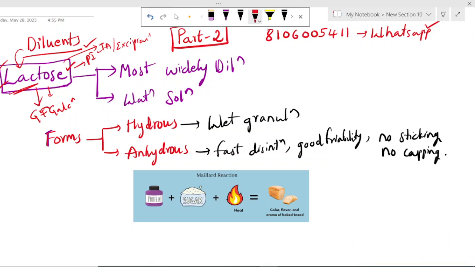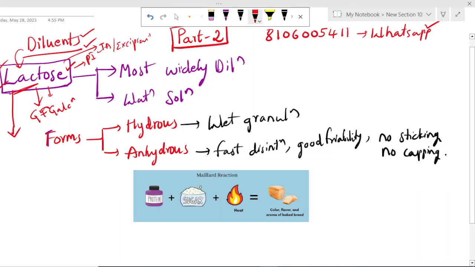Previously, we discussed lactose in the diluent concept. It is used in tablet manufacturing, as we discussed previously, because of its physical and chemical properties. And what is the key advantage of lactose as an excipient?